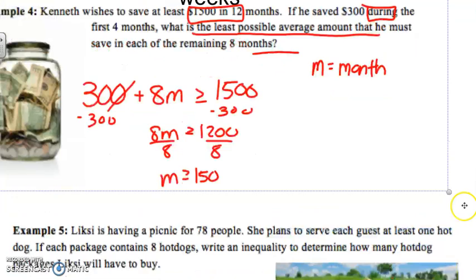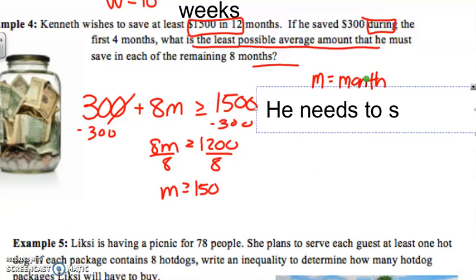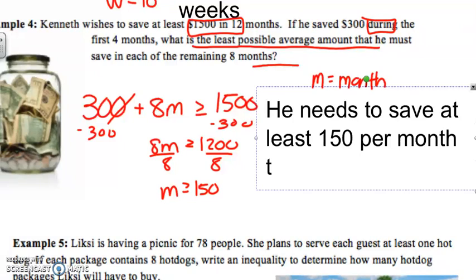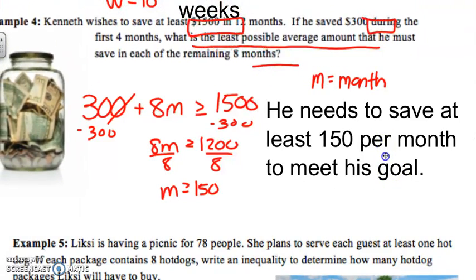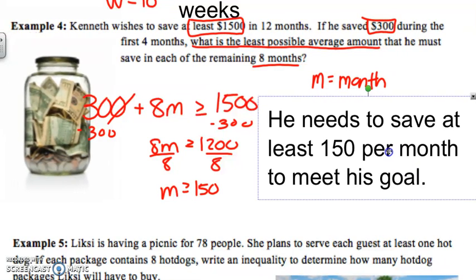All right, a nice sentence would be, he needs to save at least 150 per month to meet his goal. So he can save more than 150 a month, just on average.